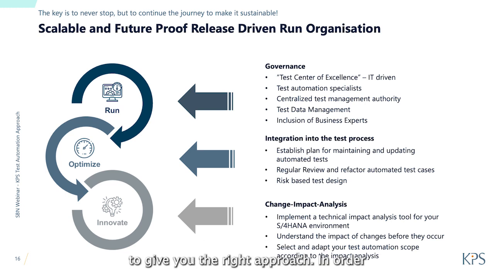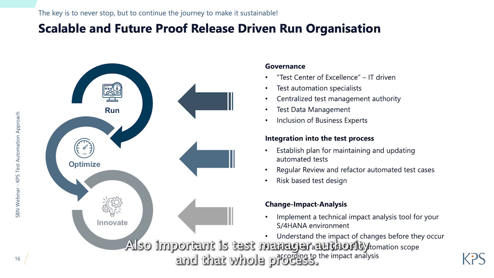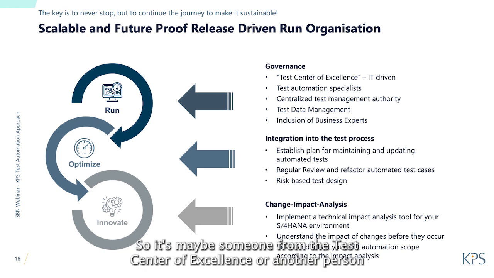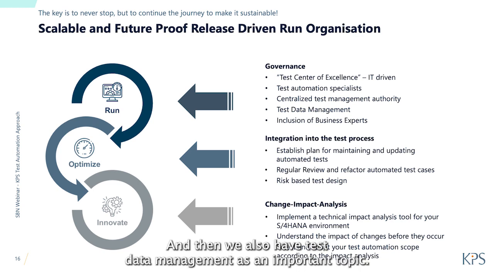They give the right approach in order to have the strategy in place. Then you need a test automation specialist. Also important is a test manager authority in that whole process. So it's maybe someone from the test center of excellence or another person working on the project, who keeps it all together. And then we also have test data management as an important topic.